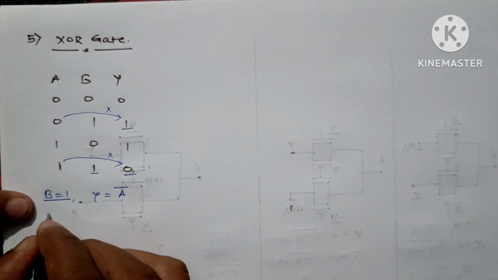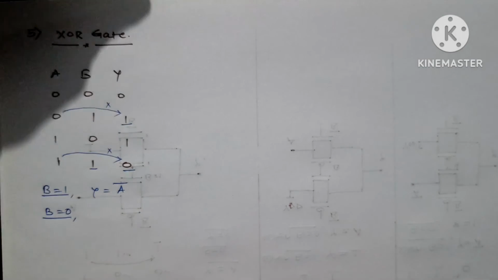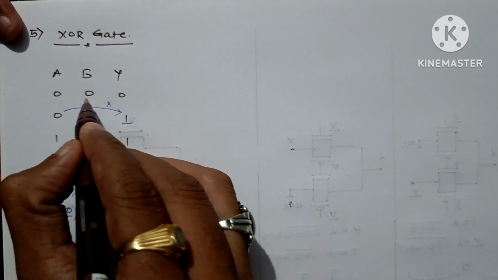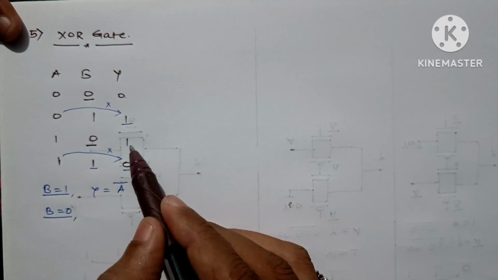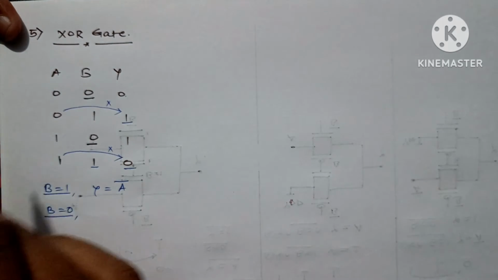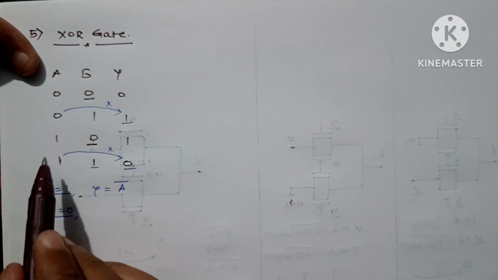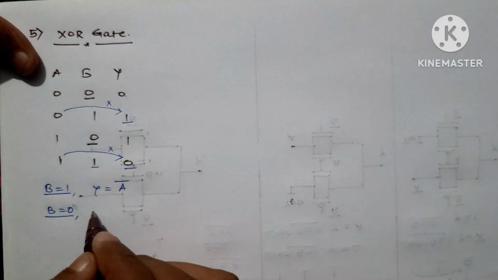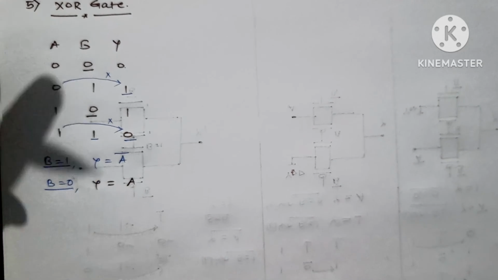The counterpart is when B is equal to 0. Now when B is 0, here the output is 0, and here it is 1. They are not fixed, so let's see A. Here A is 0, the output is 0. Here it is 1, and the output is 1. That means in this case I can write Y is equal to A. Let's draw the schematic.